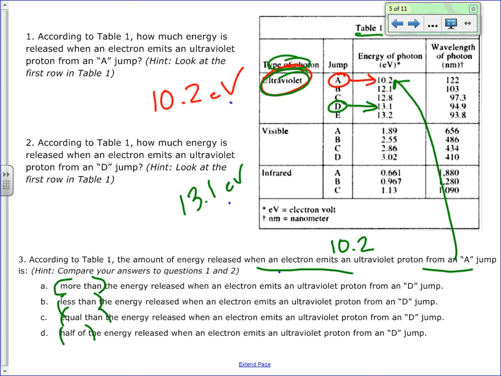B, which is 13.1. So all we have to ask ourselves is, is 10.2 more than 13.1, less than 13.1, equal to 13.1, or half of 13.1? Less than B. Huzzah. All right.